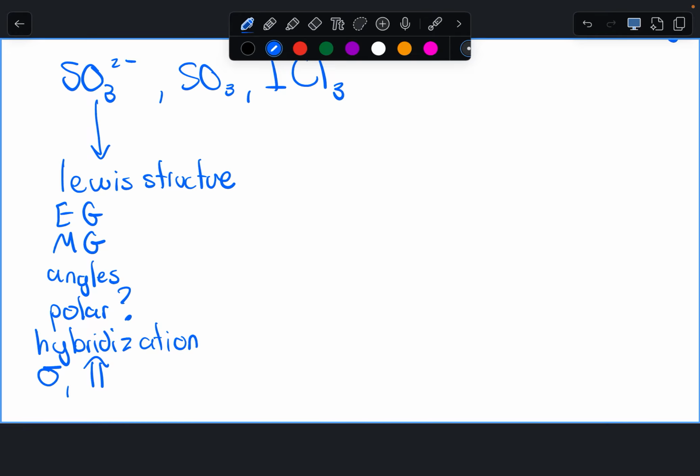Now, one thing I was wondering is what a CH2O structure looks like. Does the C attach to the H or to the O? The C is in the middle. I'll make sure to tell you that kind of stuff on the exam if it's unclear. But in this case, you know it has to be either the C or the O, because H can only ever have one bond, so it can never be in the middle.